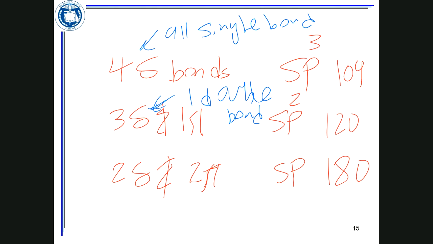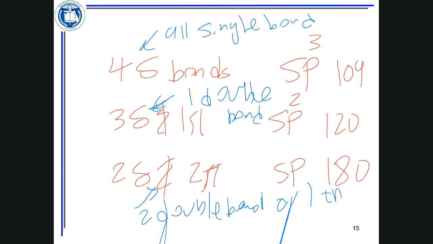This would be 2 double bonds or 1 triple bond. So if your carbon has 2 double bonds or 1 triple bond, the hybridization is going to be sp. If it has 1 double bond only, it's going to be sp2. If it has all single bonds, it's going to be sp3.